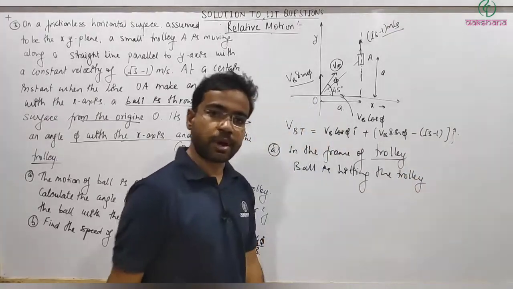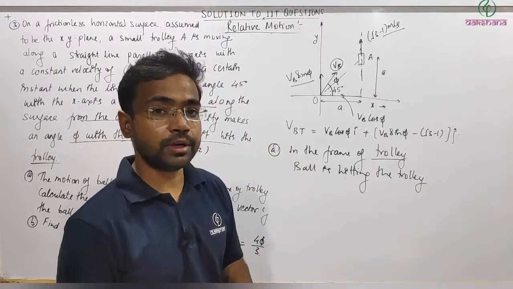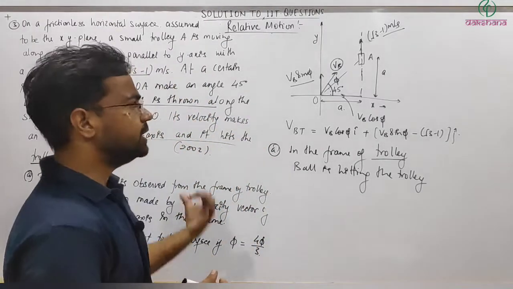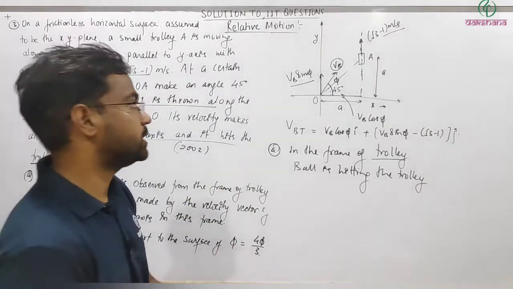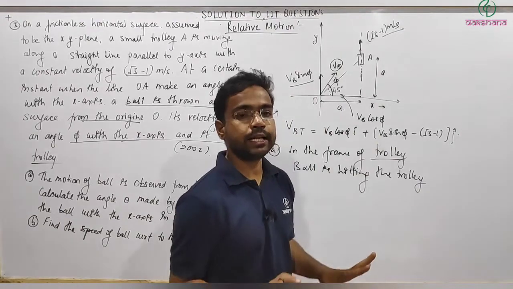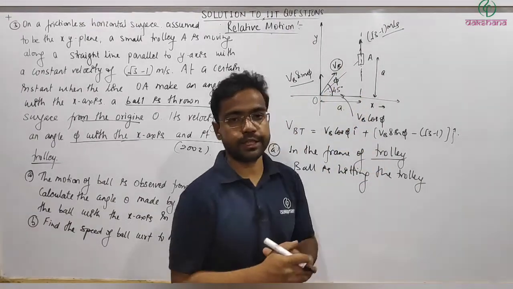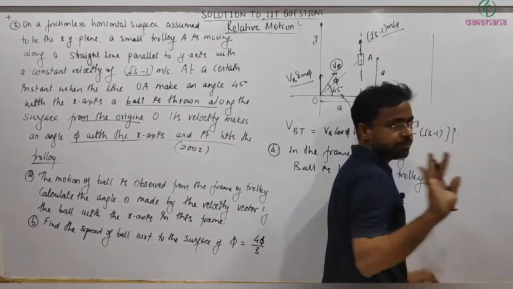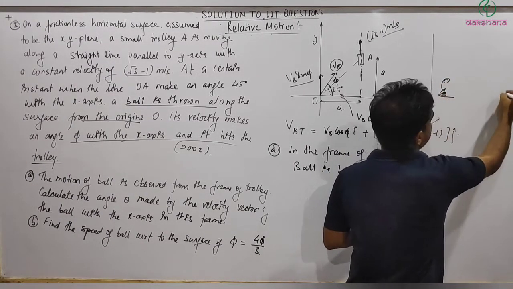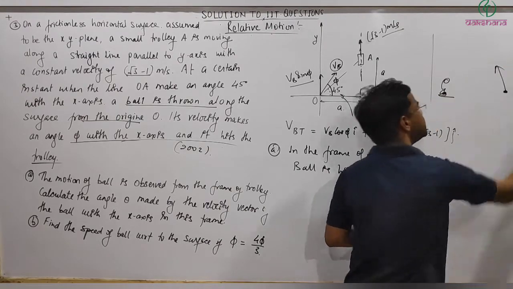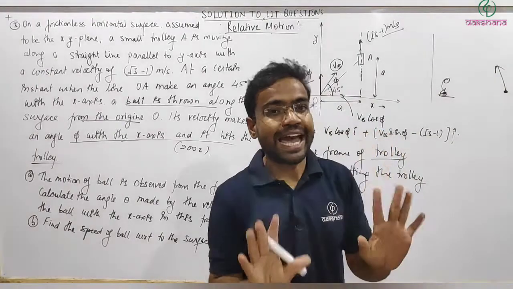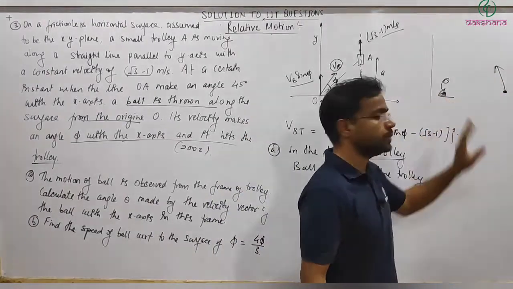This problem will appear complex, but if you analyze it properly, it is straightforward and easy. Just sit inside the trolley. It is clearly mentioned that the ball finally hits the trolley. Look at it from a practical point of view: you are standing here, and if some object moves with respect to you in this direction, is it possible that it can hit you?